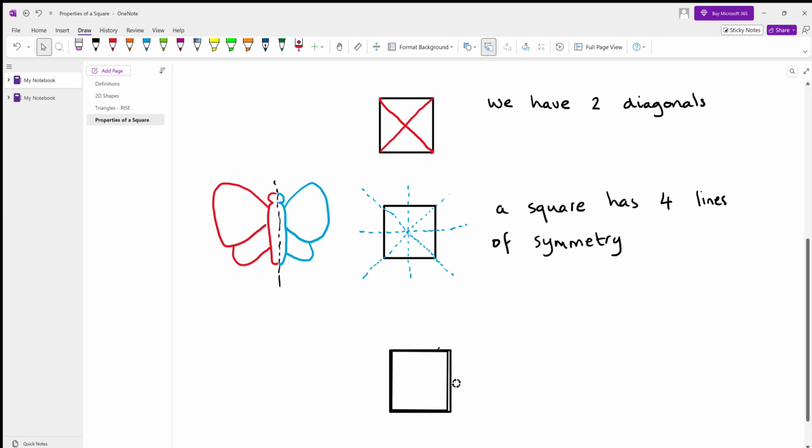You have to ignore that little gap. I didn't quite draw it accurately. 1, 2, it looks exactly like the original square. 2, 3, and 4. I've done a full circle.